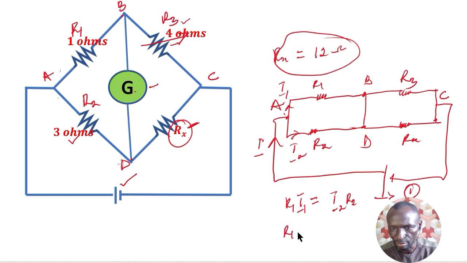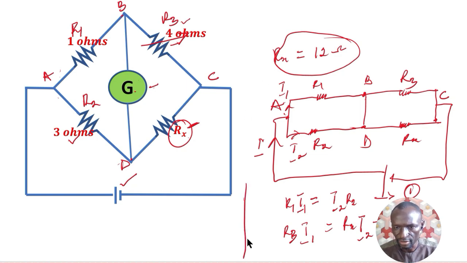And because the same I1 will still flow through R3 on this line, R3 times I1 will be the same thing as Rx times I2. Let's call this equation 2.